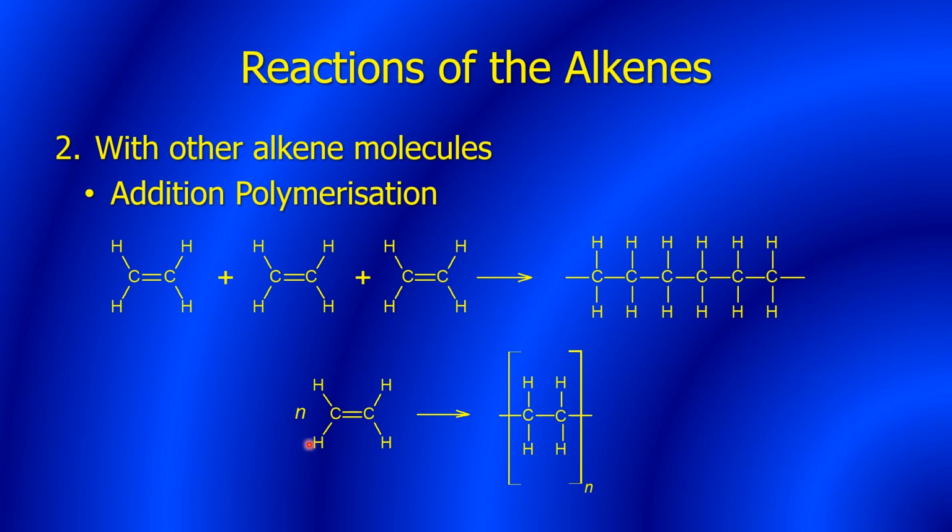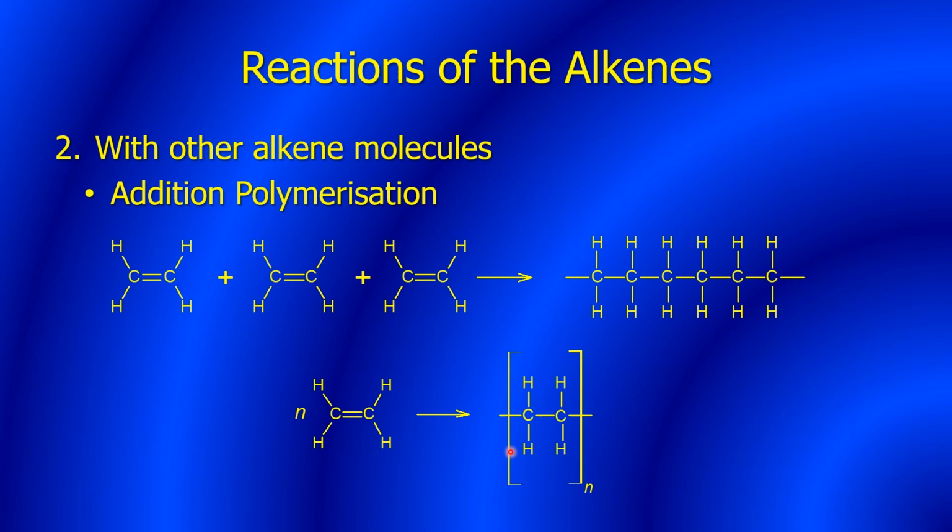Now, when we name our polymer, although the polymer is now saturated, it no longer has a double bond, the name of the polymer is taken from the monomer name. And all we do is stick the prefix poly in front of the monomer name. So we started here with ethene, and our polymer would be called polyethene.